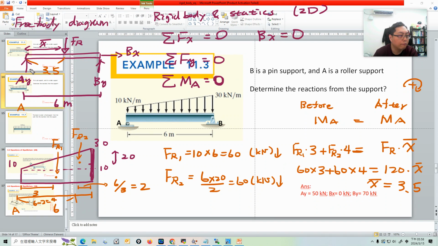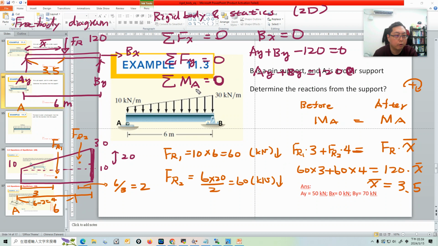And in y, we have Ay pointing upward, By pointing upward, and the resultant force pointing downward, 120. So Ay plus By minus 120 equals 0, so Ay plus By equals 120.